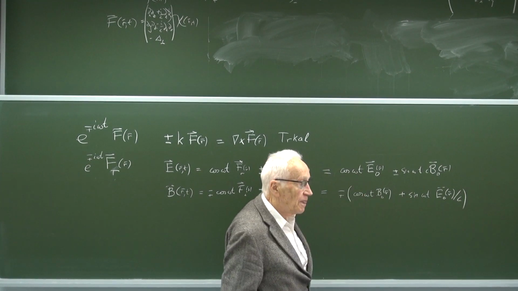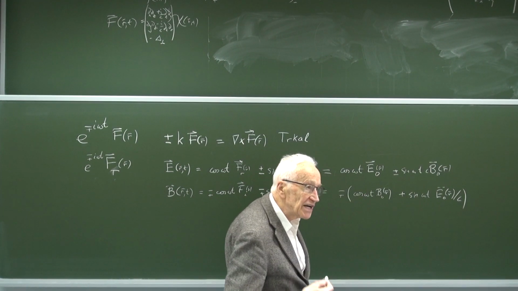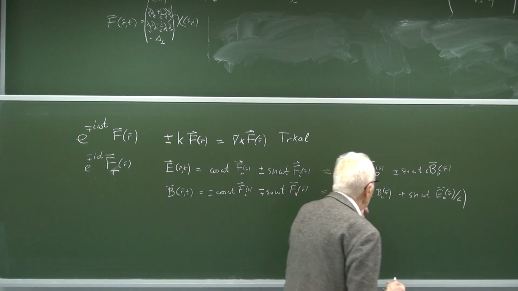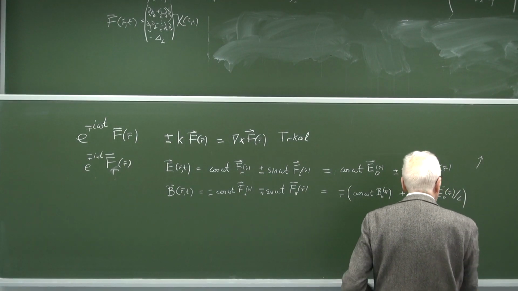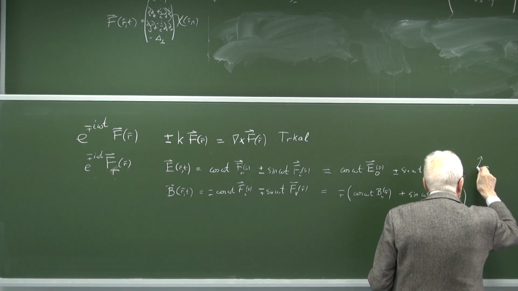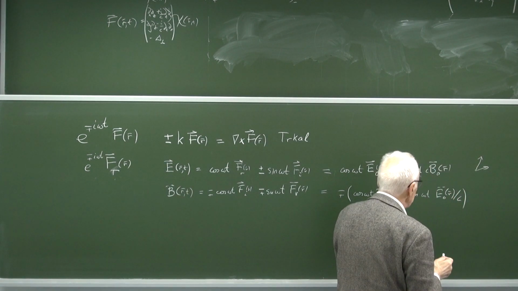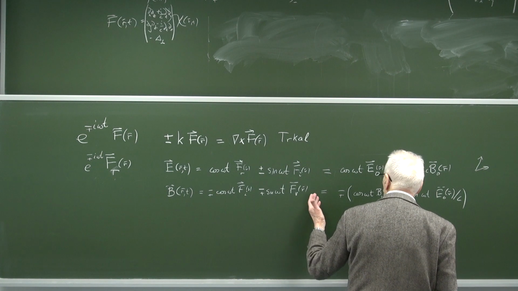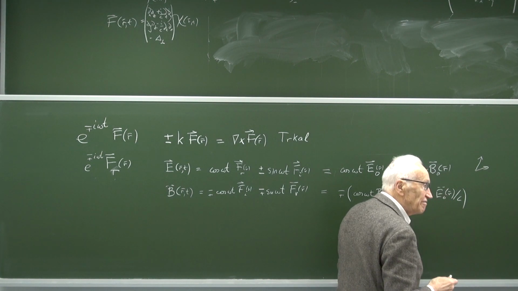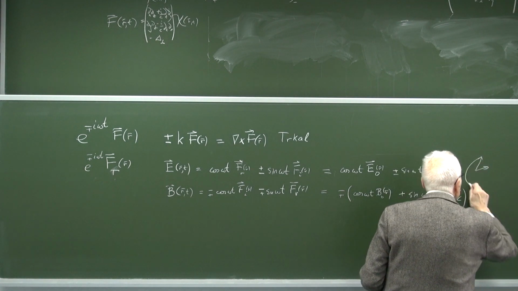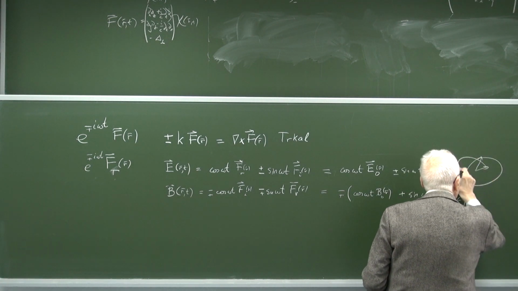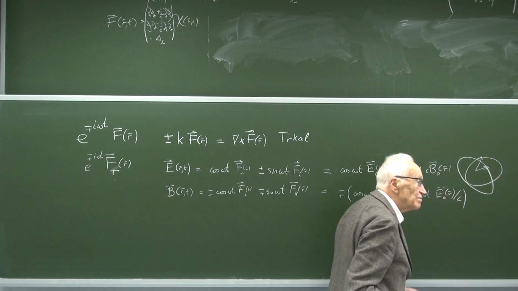When t runs through a full cycle, we have these two vectors. No matter how they are oriented, the field is in the plane defined by these two vectors, and one of these vectors traces some ellipse, and the other vector traces some ellipse.